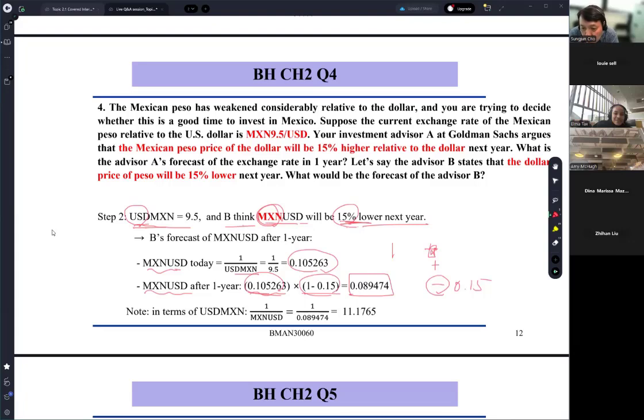Now you might want to compare the USD/MXN of A's forecast and B's forecast. Then we need to convert this back into USD/MXN terms, which is the reciprocal. We get this expression.